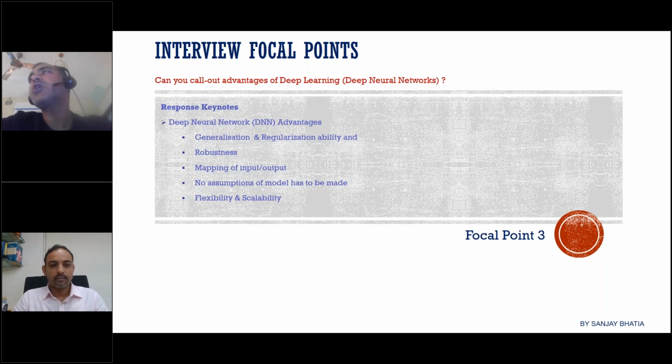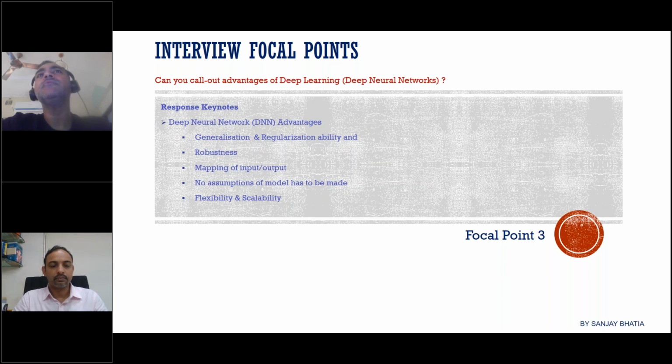And last but not least, neural networks are very flexible and scalable. Tomorrow, if you decide to take not only 20 or 30 variables but want to exploit 100 variables in your model, you could flexibly scale the same neural network you built by adding more layers and more neurons in each layer.